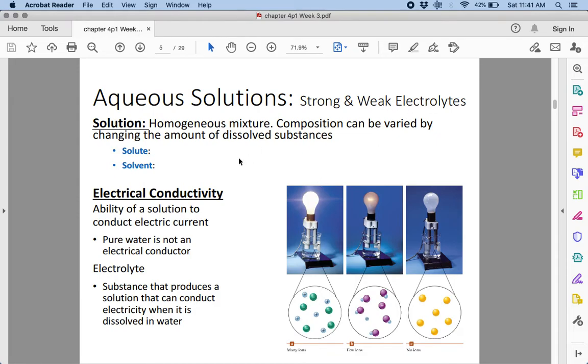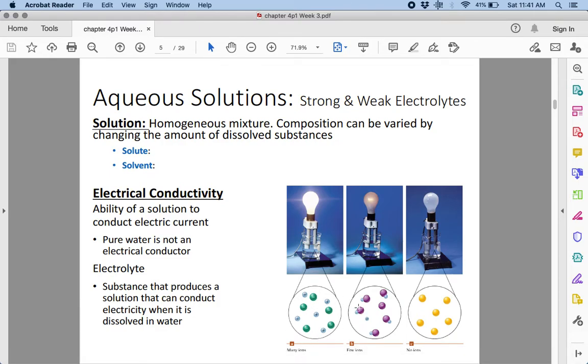So electrolytes are solutions defined by their ability to conduct an electrical current. A strong electrolyte would be something that is able to strongly conduct electricity. You can have a moderate to a weak electrolyte or a non-electrolyte, and we're going to go through the differences between these.